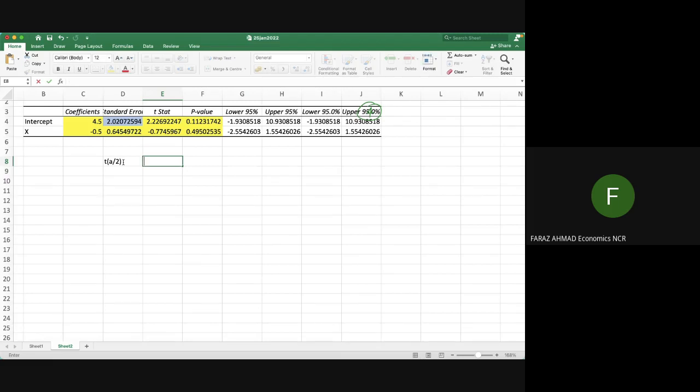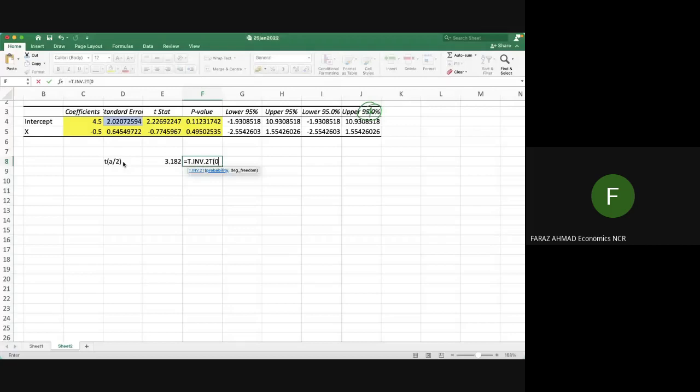It is 3.182 because we saw it from the table. How to get it in Excel? You can simply write T dot inv dot 2T. So this is TINV.2T.